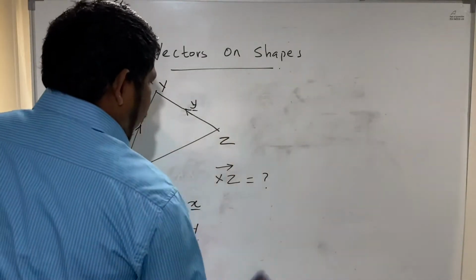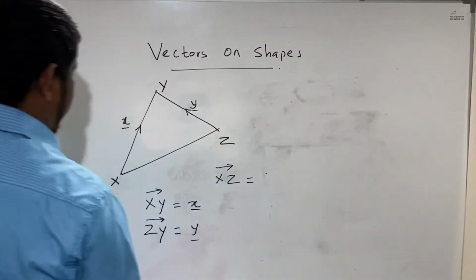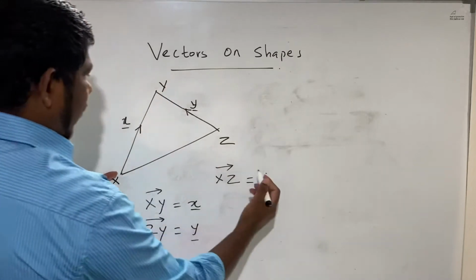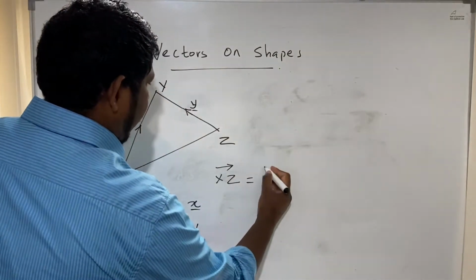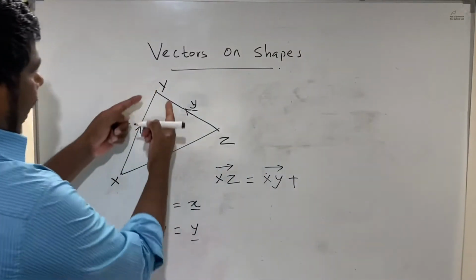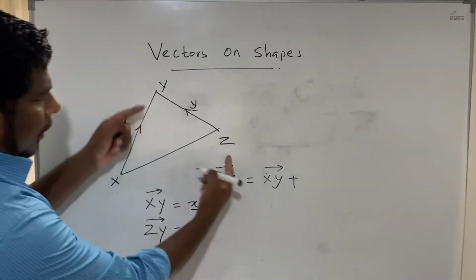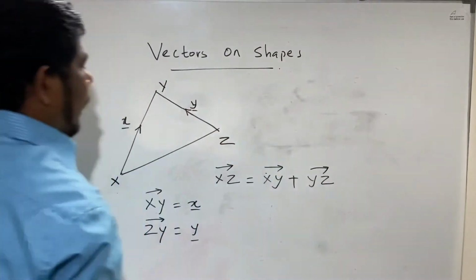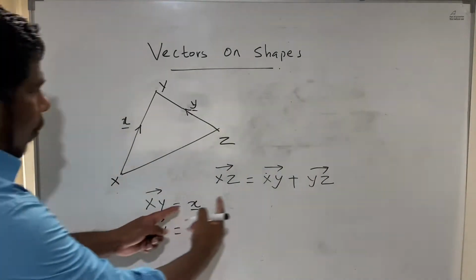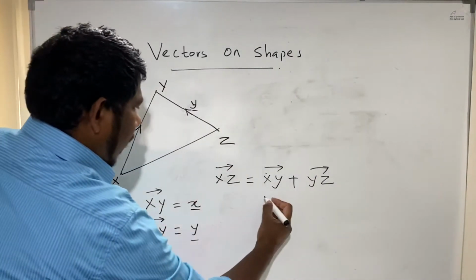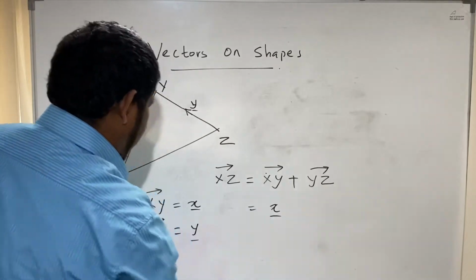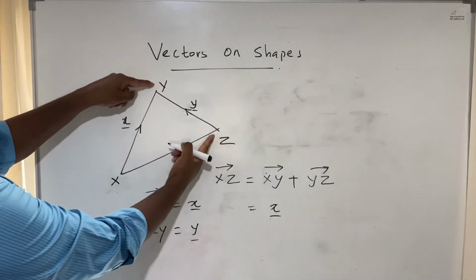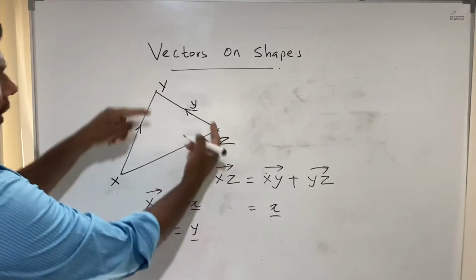Okay, now we know if we want to travel from x to z, we need to go first x to y and y to z. And x to y is vector x, and vector y to z is not y, that's a negative y.